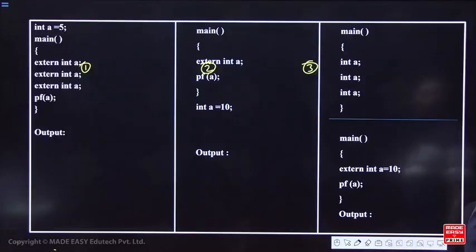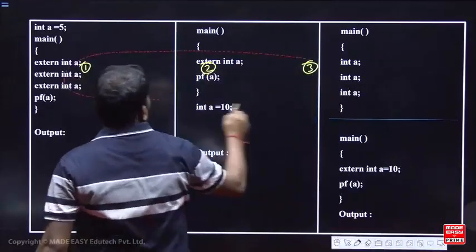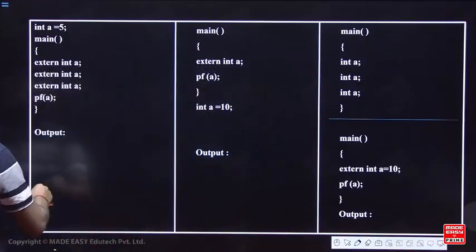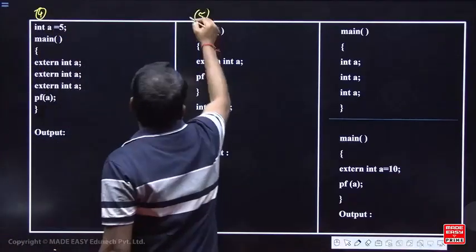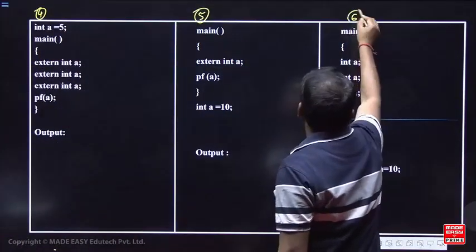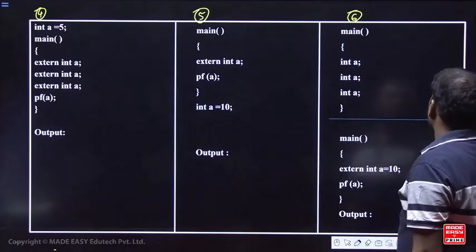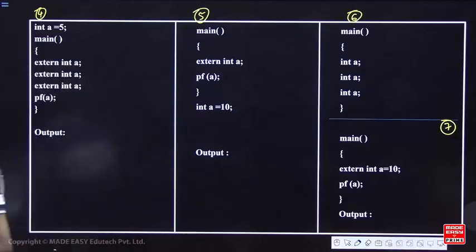Right. So next, copy the next examples. Copy all this. We will discuss one by one. So this is the 4th one. This is the 5th one. This is the 6th one. And this is the 7th one. So copy it. After copying, take a break.